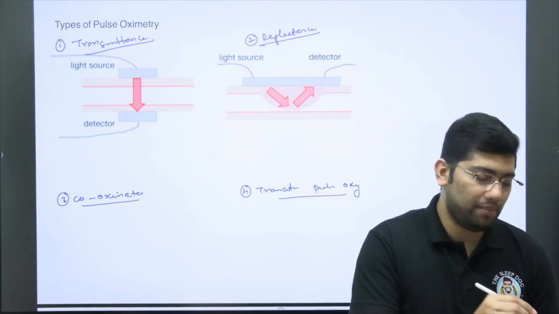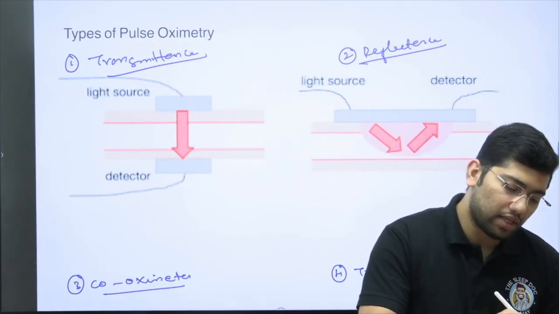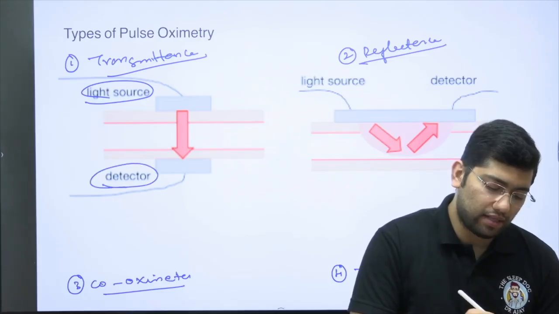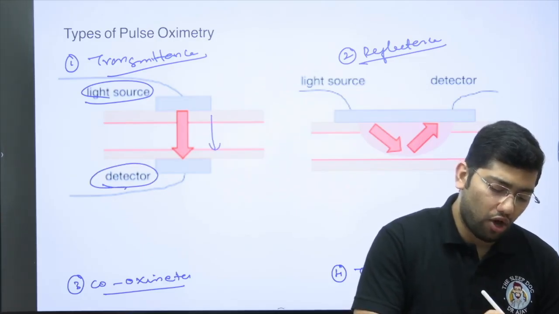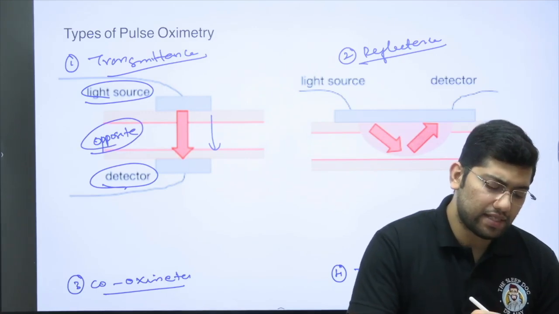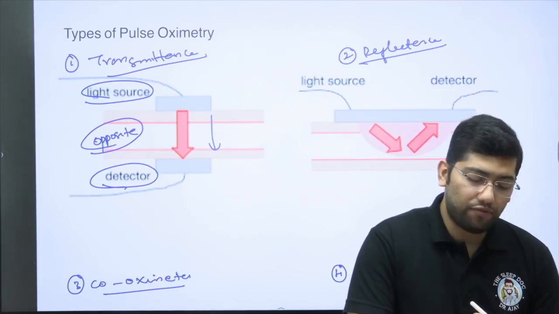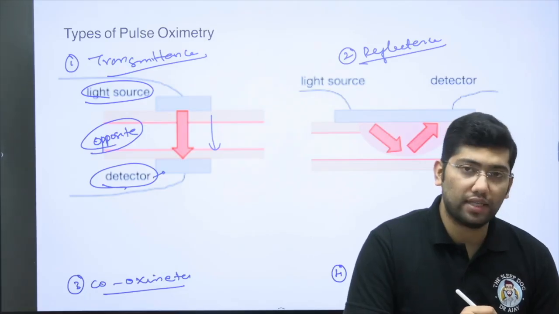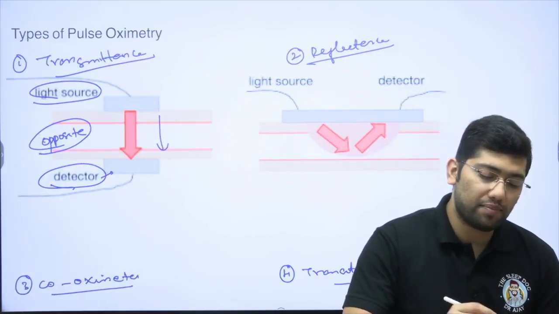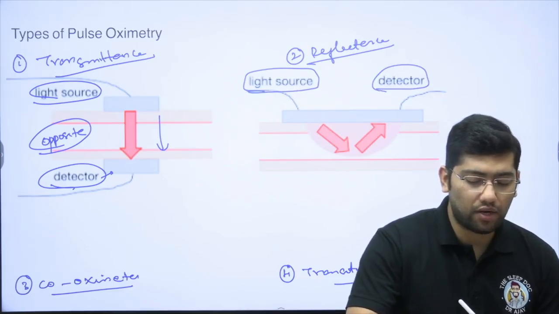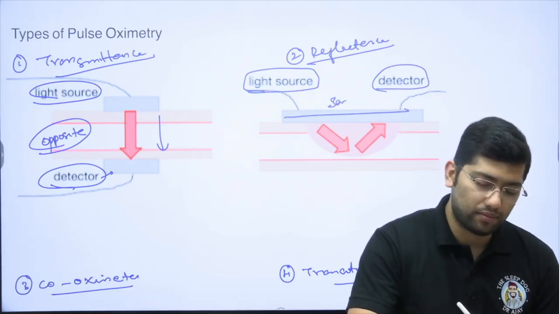As the name suggests, in the transmittance pulse oximeter the light source and the detector are on opposite sides. That is, the light is emitted from one side from the light source and detected by the detector on the other side. In the reflectance pulse oximeter, the light source and the detector are on the same side.